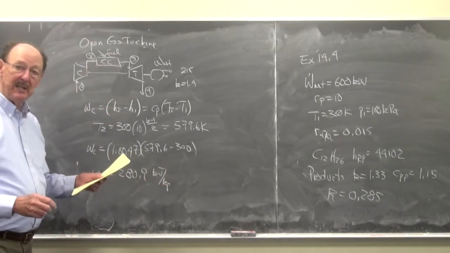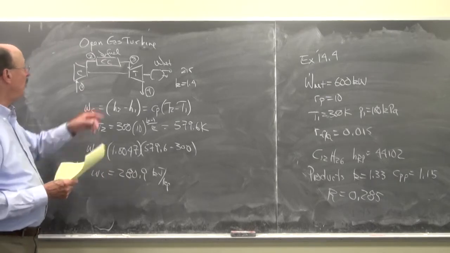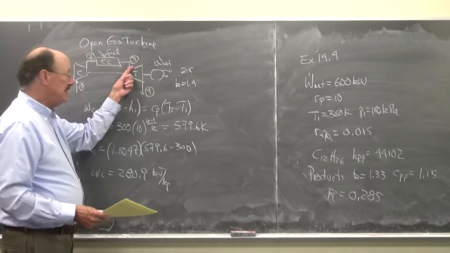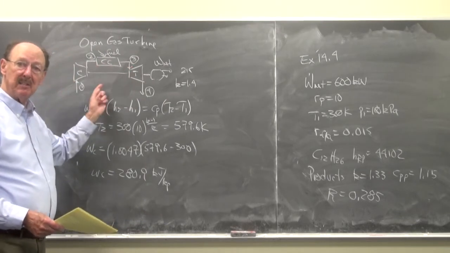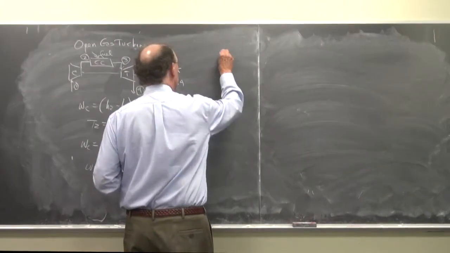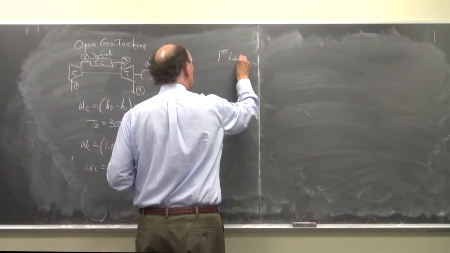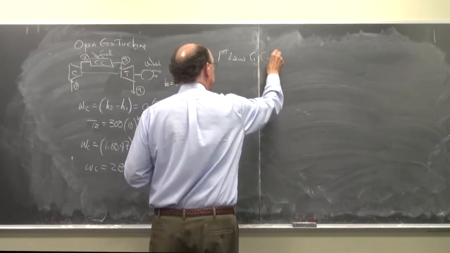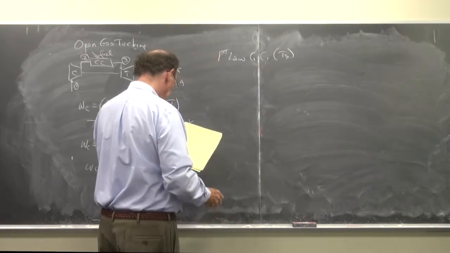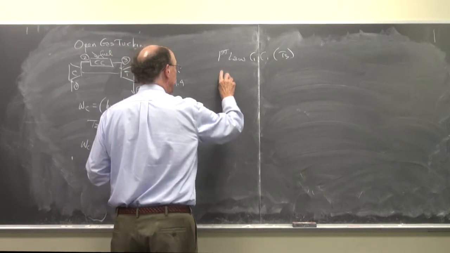Let's do a first law on the combustion chamber. We're told RFA, but I don't know what T3 is. So we have to do a first law on the combustion chamber to determine T3. And this will give us T3. So E in equals E out.